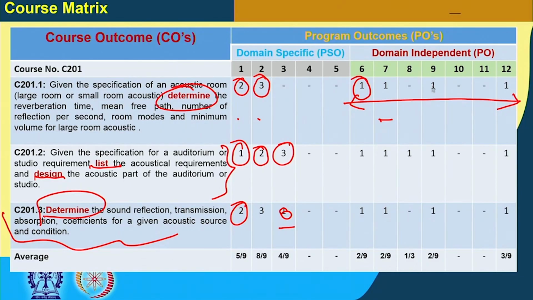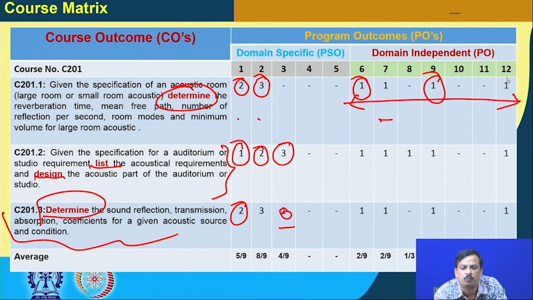So, it is not the course alone that contributes to your PO, the course along with the teaching-learning procedure will contribute to your PO. So, when I say I am developing their analysis ability, I am also developing their communication skill, individual and teamwork, maybe some portion of ethics and some portion of lifelong learning.